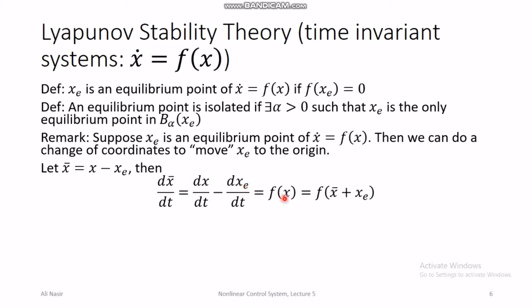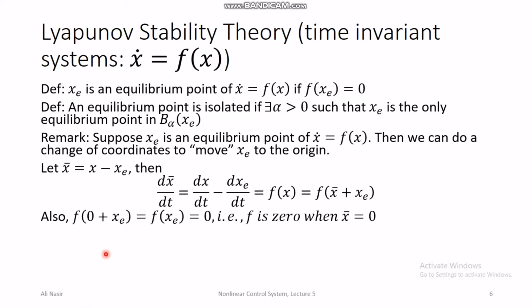So dx by dt, we already know that it is equal to f of x because x dot is equal to f of x, and x is equal to x bar plus xe. So x bar dot will be x dot, but wherever you have x in the function f of x, you replace x with x bar plus xe.